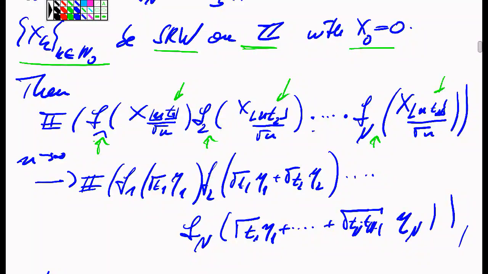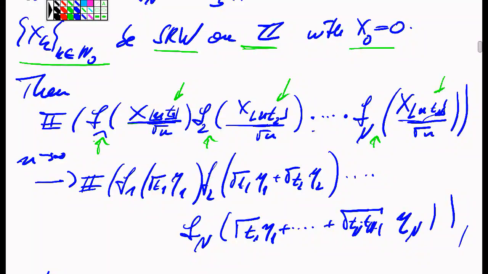The scaling that I apply is that I accelerate time in a linear fashion, by not evaluating the Markov chain at time t1 alone, but at time n times t1, n times t2, n times t3 and so forth. So I accelerate time effectively by multiplying the times at which I evaluate by the factor n.